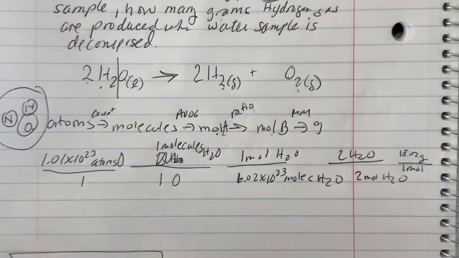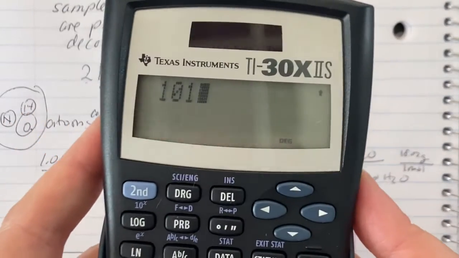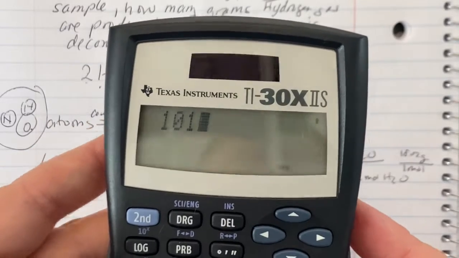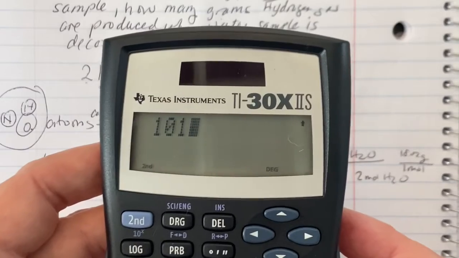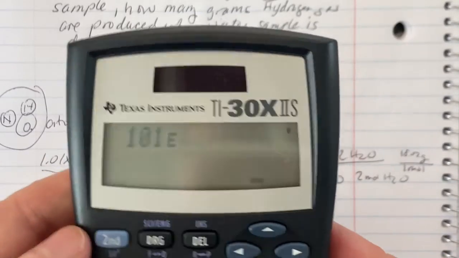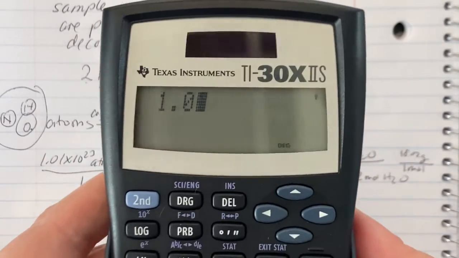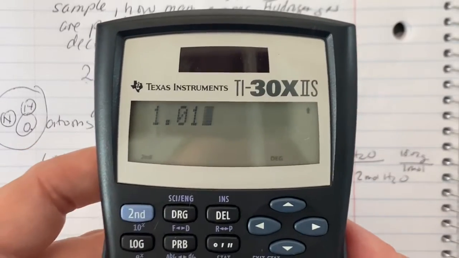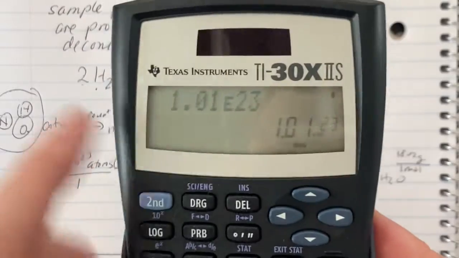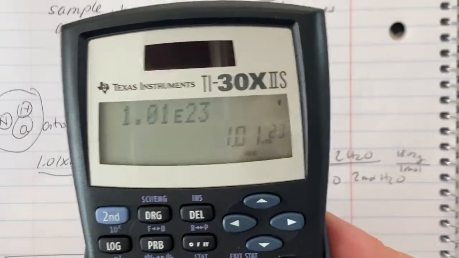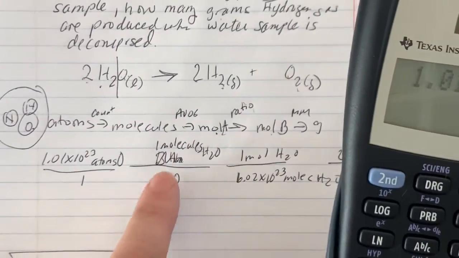So if we use our calculator, 1.01 second E, that's the double E, 23, and I like to hit enter and make sure I plugged it in correctly. Yep.